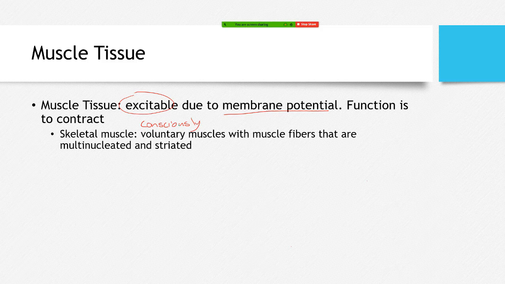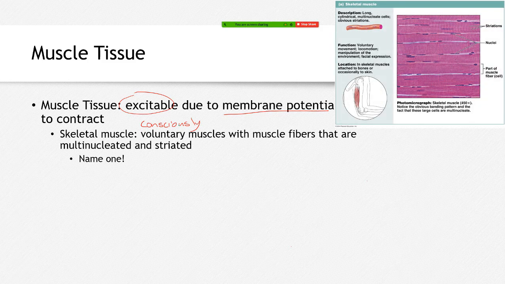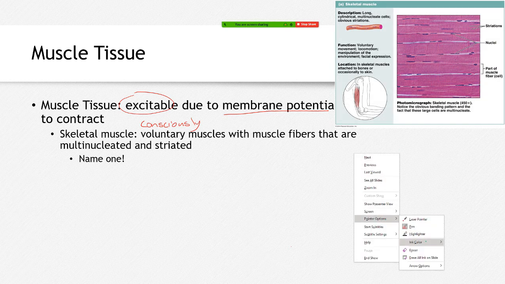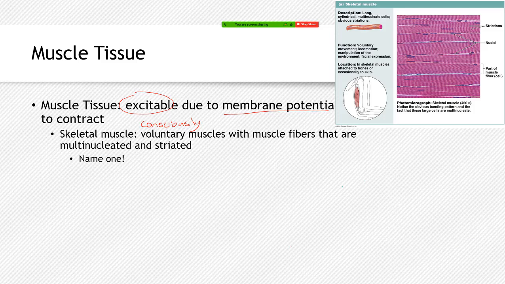It is multinucleated and also striated as well. Multinucleated meaning that there's multiple nuclei. Multi meaning many, right? And if you take a look at it, there are a lot of nuclei in this one cell. While you're developing, they used to be different cells, but they end up fusing into this one very elongated cell.